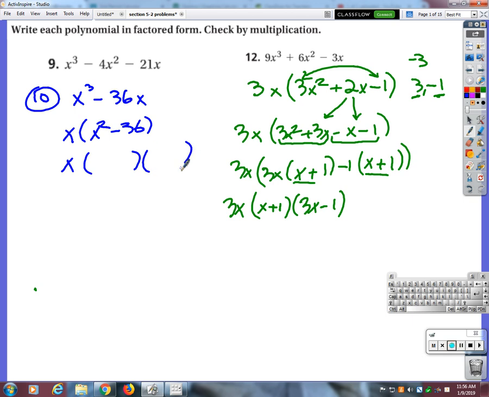I'm looking for two numbers that multiply together to be negative 36 and add to be 0. 6 and negative 6. Good. So this is x plus 6, x minus 6. This has a special name. It's called the difference of two squares. So you can factor it into plus or minus the same thing. Okay? Other questions?